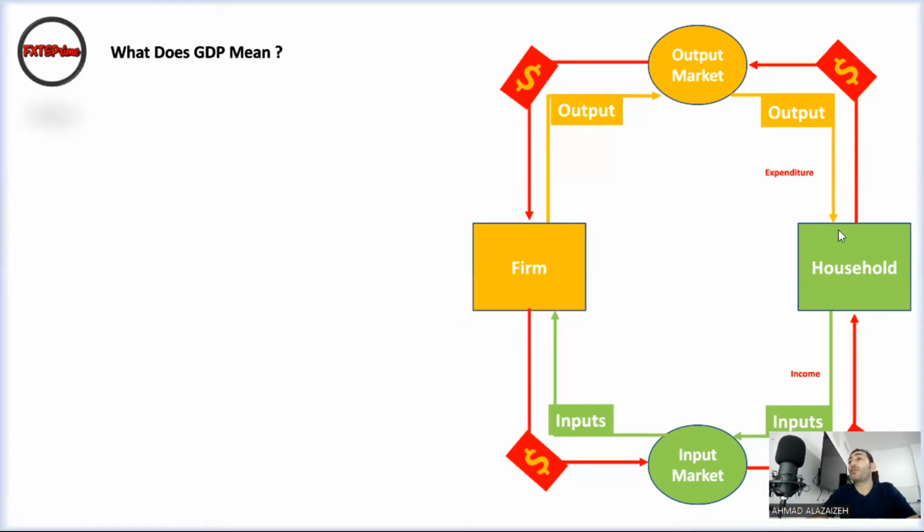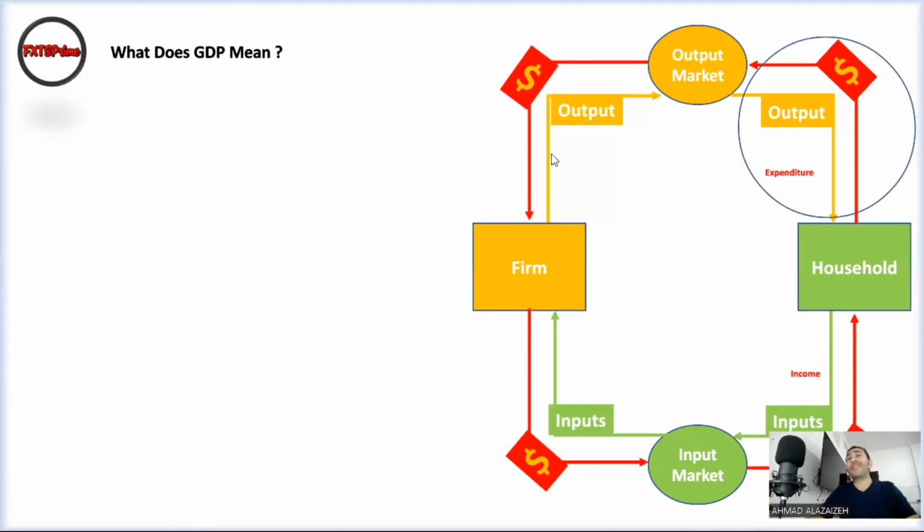When you give money from the household to the output market, we call that expenditure, because you're going to take services and goods, and you're going to give money instead. However, here you're going to offer labor, land, and capital, and we call that money income, because it's profit and rent and wages.